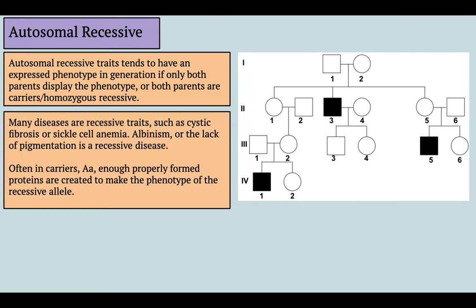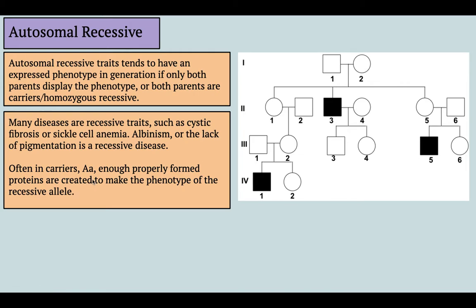Many diseases are recessive traits, such as cystic fibrosis or sickle cell anemia. Albinism, or the lack of pigmentation, is also a recessive condition. Often in carriers, big A, little a, heterozygous individuals, enough properly formed proteins are created that the phenotype of the recessive allele is not really displayed.